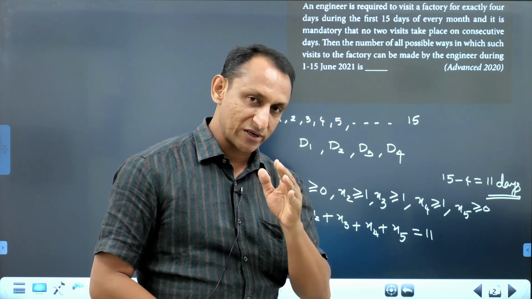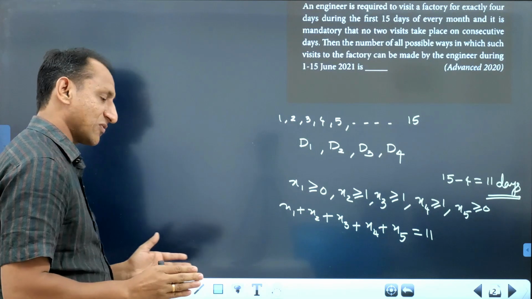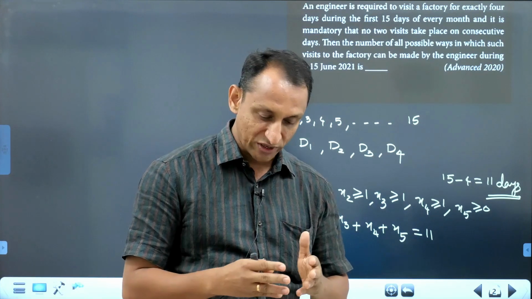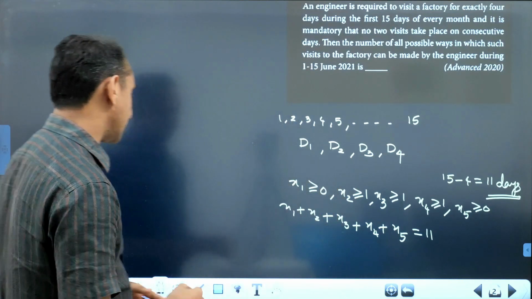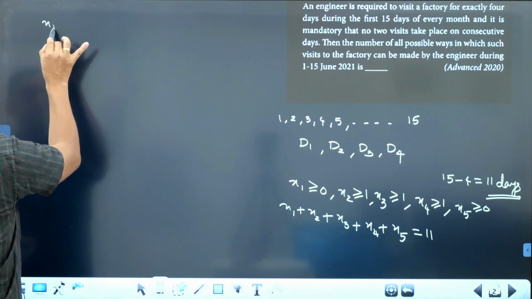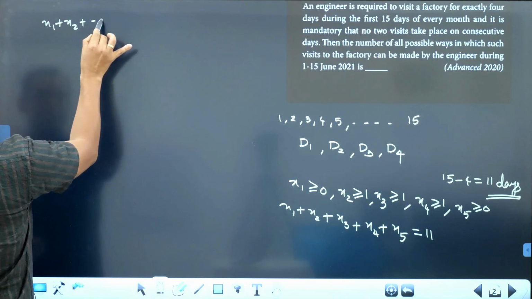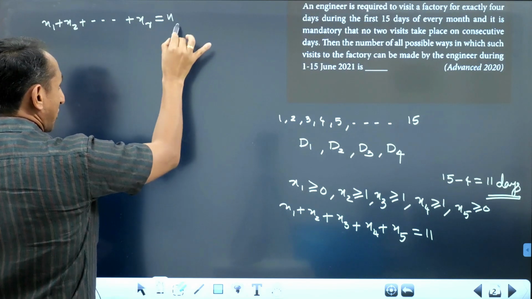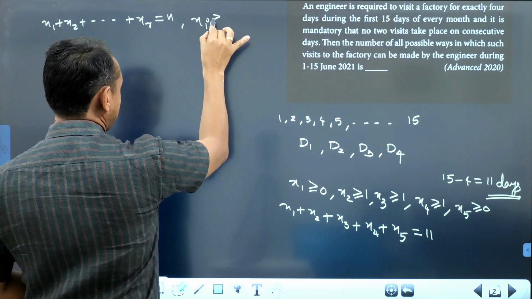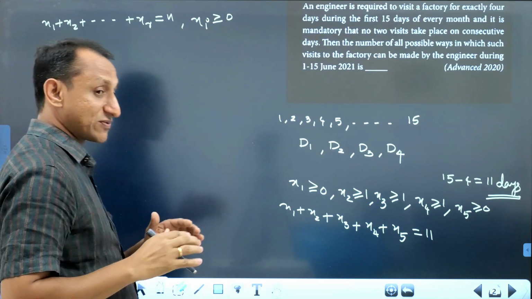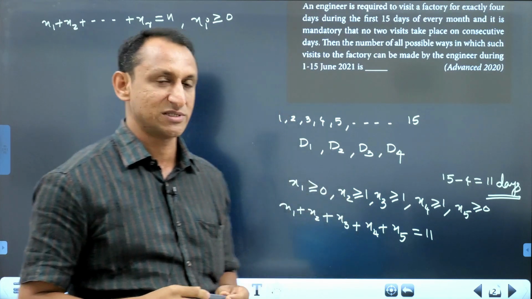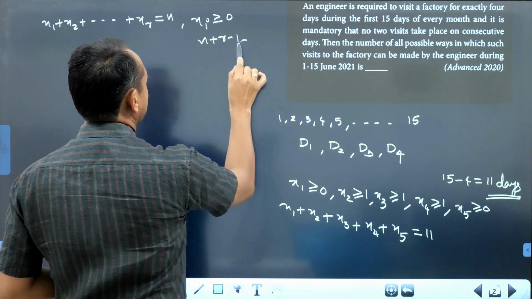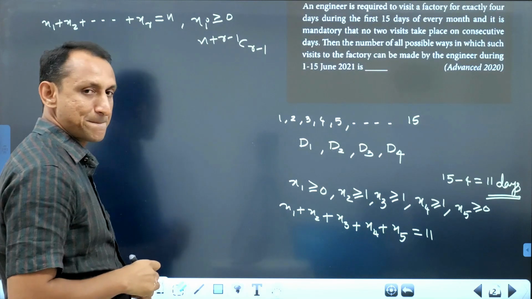We already know a result for the number of non-negative integer solutions, or dividing identical objects. The equation x1 plus x2 plus up to xr is equal to n, where each xi is greater than or equal to 0, has n plus r minus 1 C r minus 1 solutions.